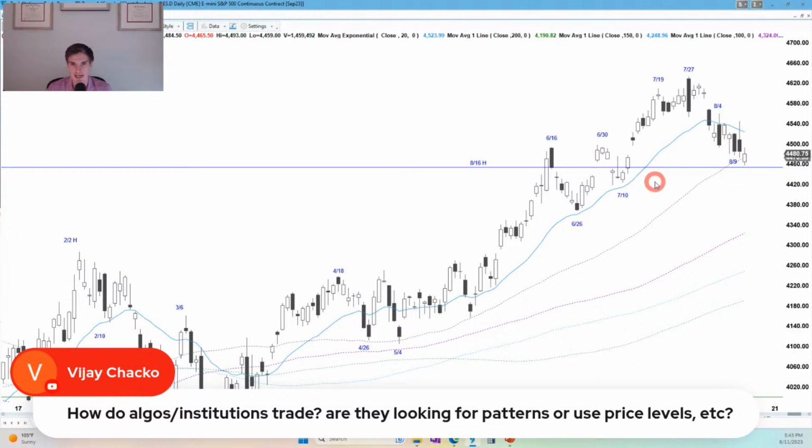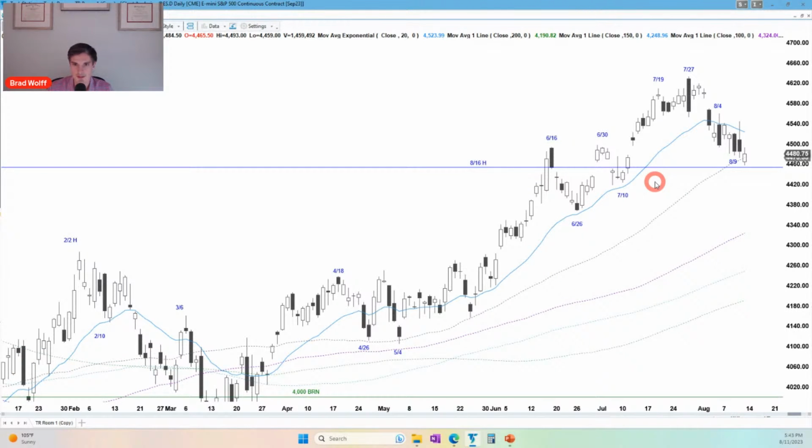And institutions have hundreds of people writing algorithms. So for the average person, most people are going to be better off visually learning how to read price action. But I would remember that traders are trading for every conceivable reason.